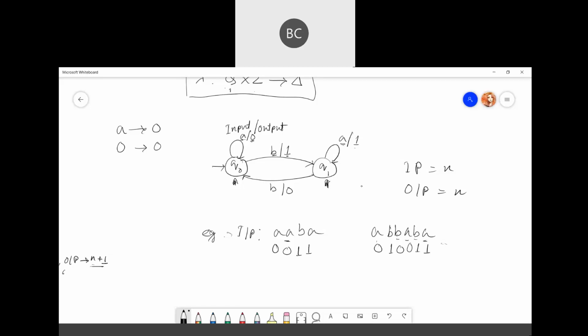For example, here you are at A, at this moment you are at Q1, but you cannot write the output for A at Q0, because at Q0 for A output is 0. If you write 0 it will be wrong, because after transition you are at Q1. So you have to write the output only for that particular state.